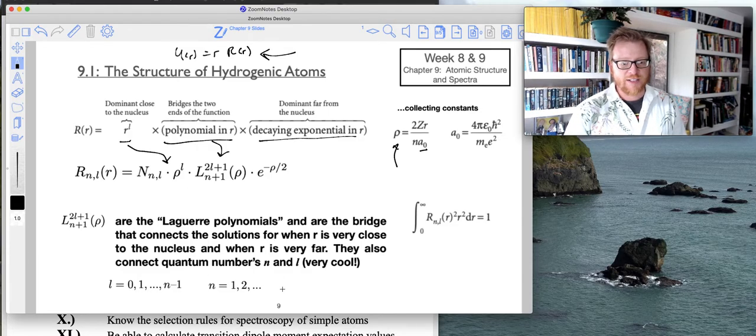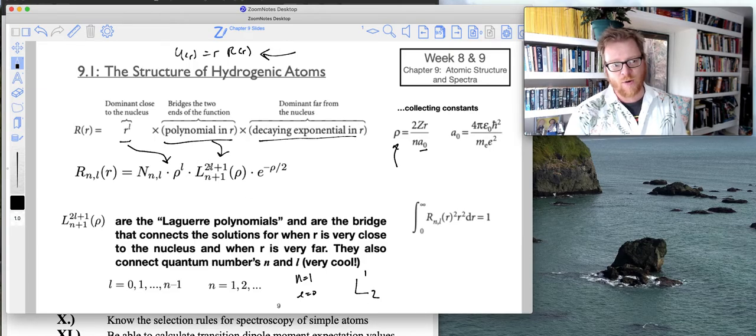So for example, when n is equal to 1, we know that L can only equal 0. And if I were to look up that Laguerre polynomial, the notation would be written as L sub 1 superscript 1, right?